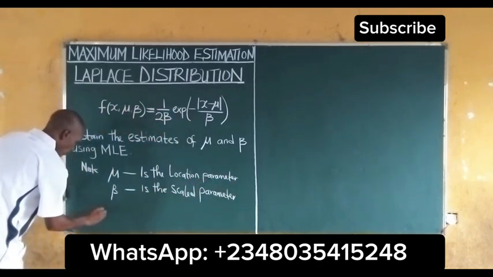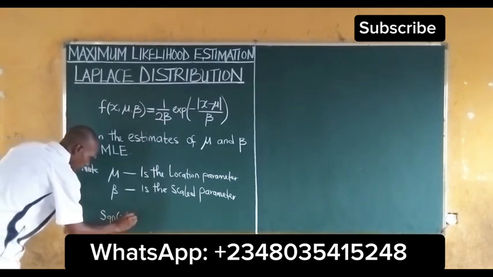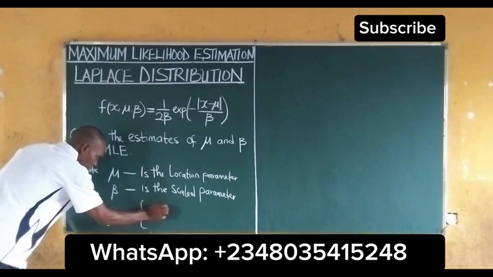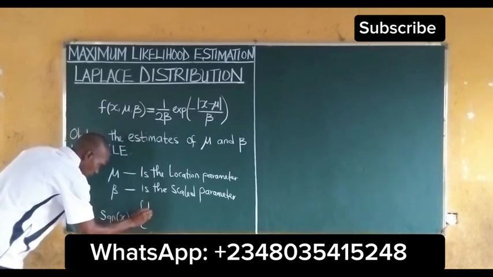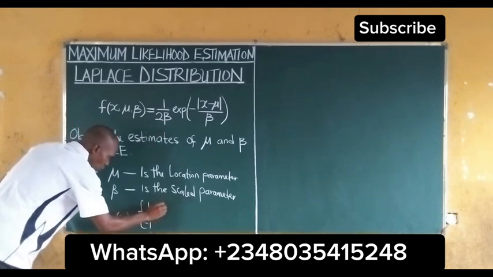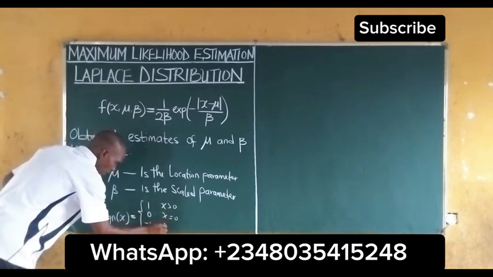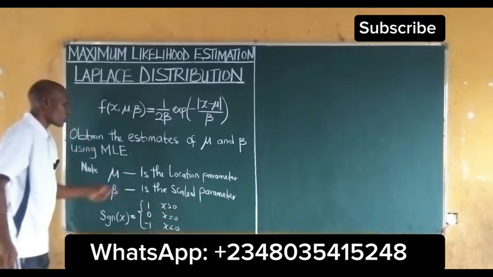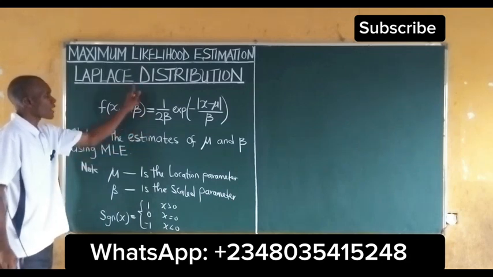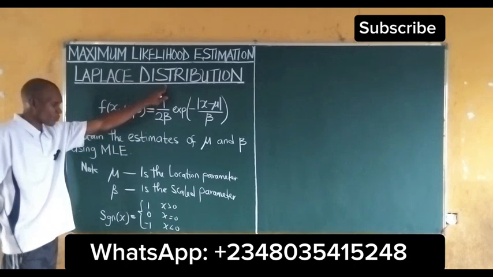We should also know that the sign function of x is equal to 1, 0, minus 1, so we have x greater than 0, x equal to 0, and x less than 0. These are the things we should note before we compute the maximum likelihood estimation for the Laplace distribution.